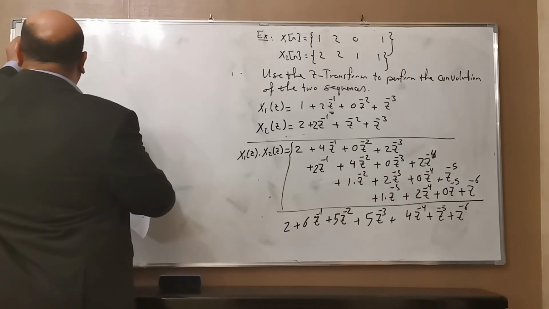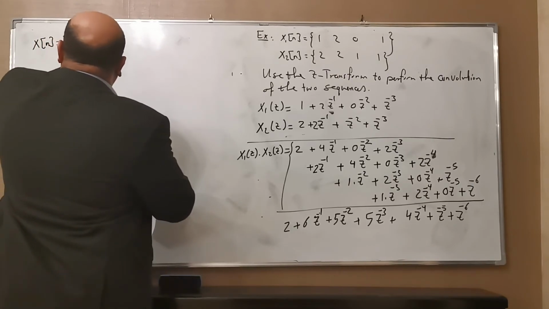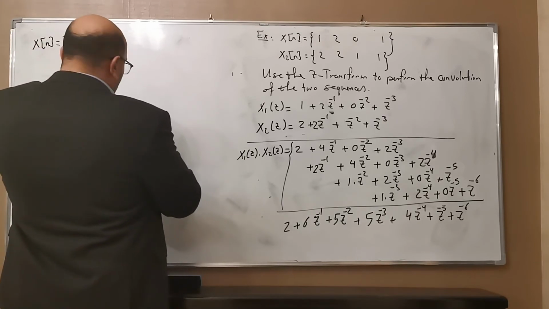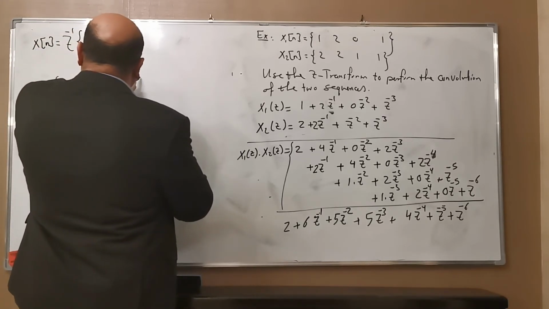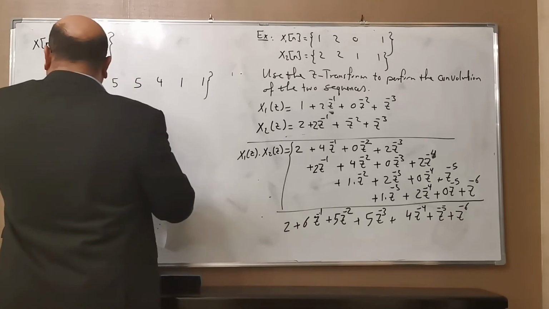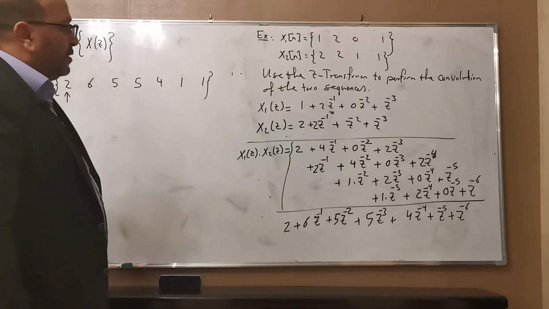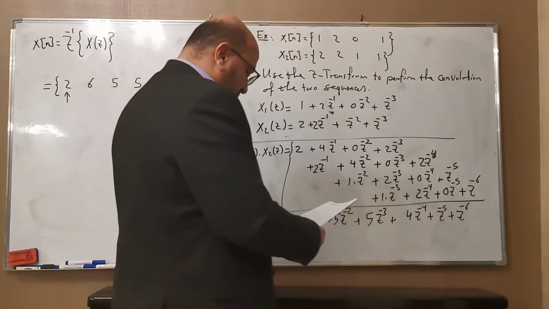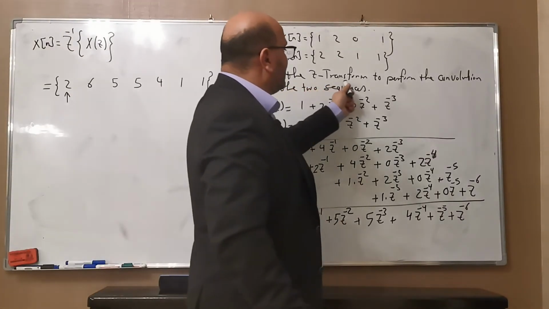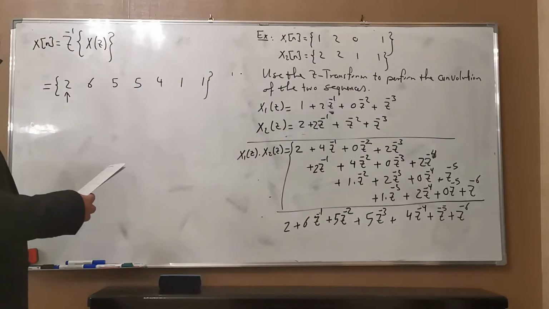So we can say that our x of n is equal to the z inverse of x of z, and this equals 2, 6, 5, 5, 4, 1, and 1, with our 0 here. I think this is the same as the one that we had before, but this time we performed the convolution using the z transform and the inverse z transform.